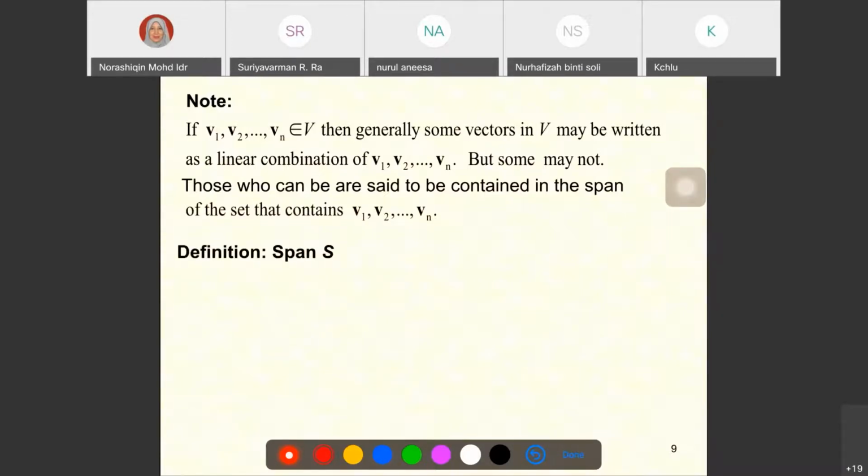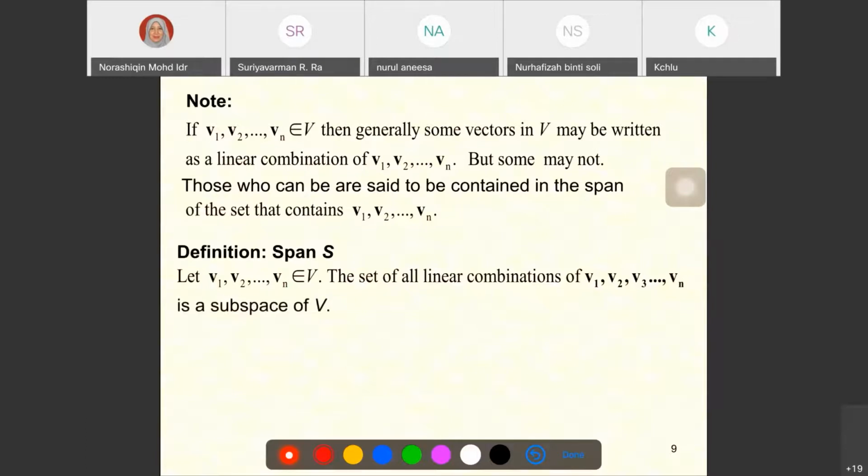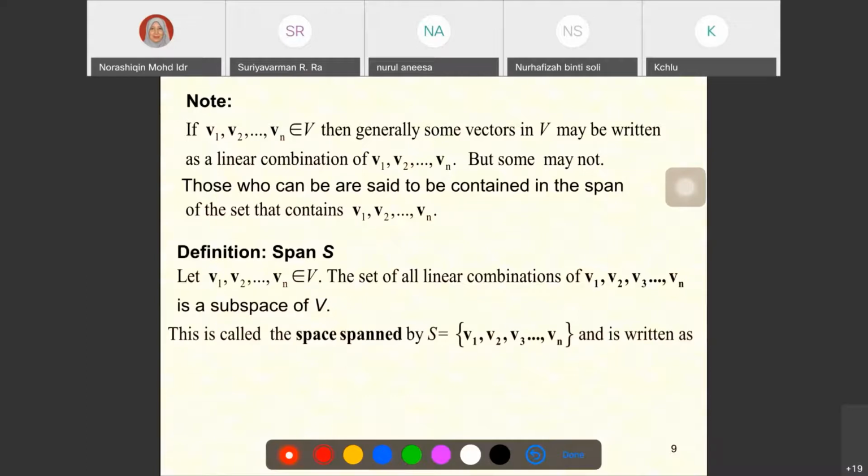Okay, let's see the definition of span. S is in V, and the set of linear combinations of V1, V2, V3 and Vn is a subspace of V, and this is called the space spanned by S. It's written as span S equal to span V1, V2, V3 until Vn.